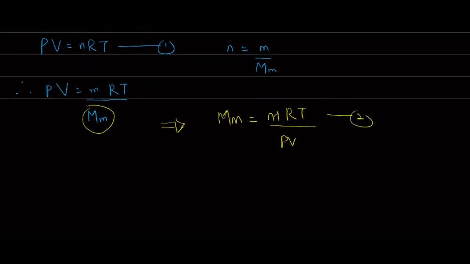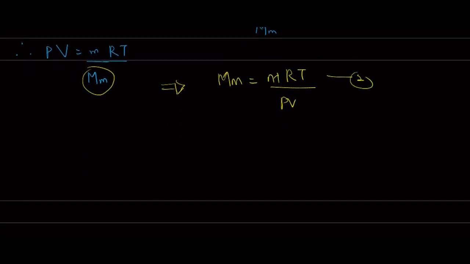So we can solve for the unknown by saying molecular mass is going to be equal to our mass given, 0.23, multiplied by 0.0821. Since we are using R to be 0.0821, the pressure will be in atm, while volume will be in dm cube.